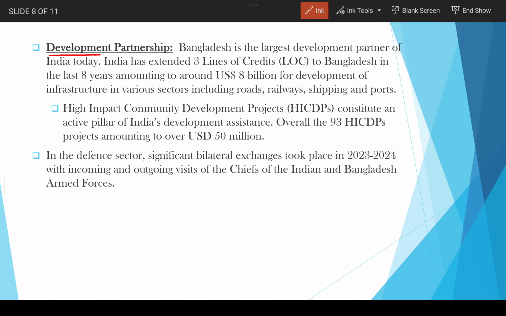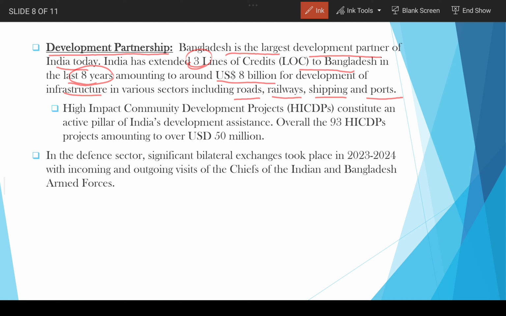Then comes the development partnership. See, in case of development partnership, Bangladesh is the largest development partner of India today. India has extended 3 lines of credit to Bangladesh in the last 8 years, which amount to $8.9 billion for the development of infrastructure in various sectors, including road, railway, shipping, ports.